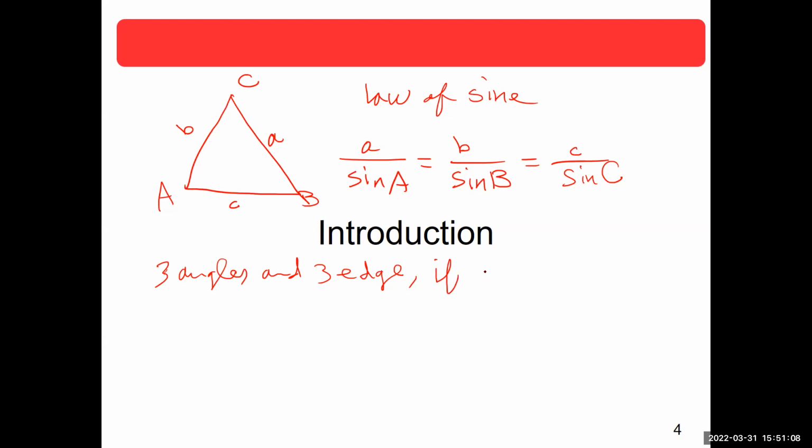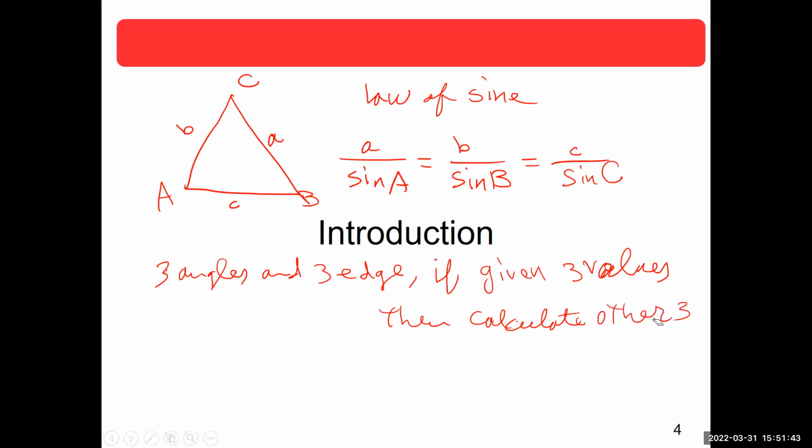If given three values, then we can calculate the other three. So we need to know at least three of them to calculate the other three.